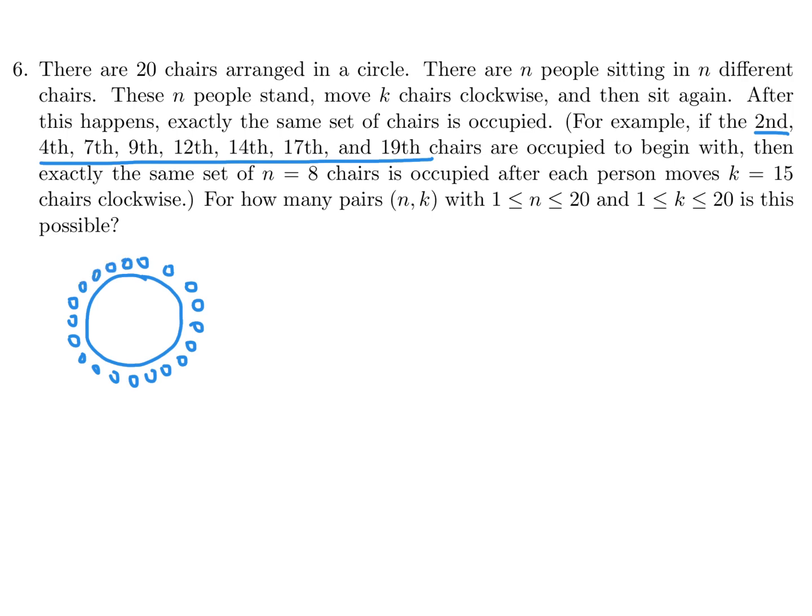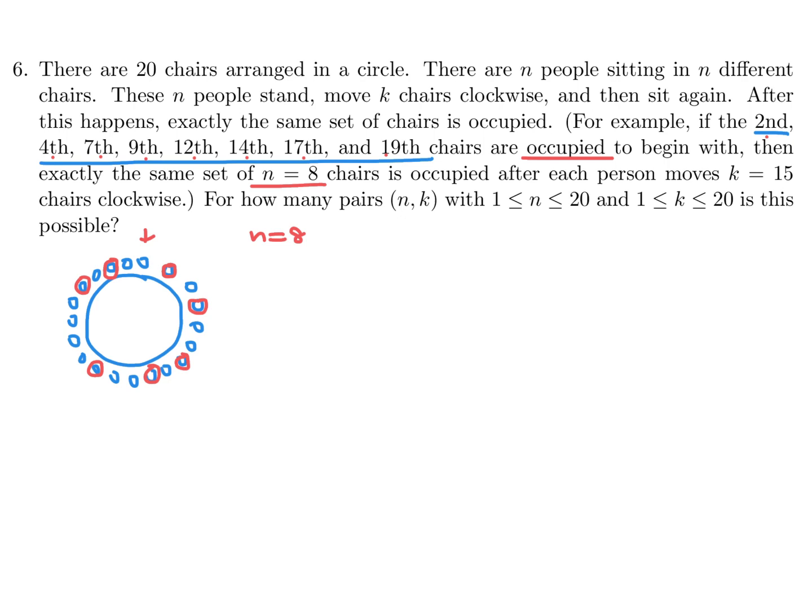They're saying the second, fourth, seventh, and so on are occupied. And so there's n chairs occupied, right? 1, 2, 3, 4, 5, 6, 7, 8. So that's why n is 8.